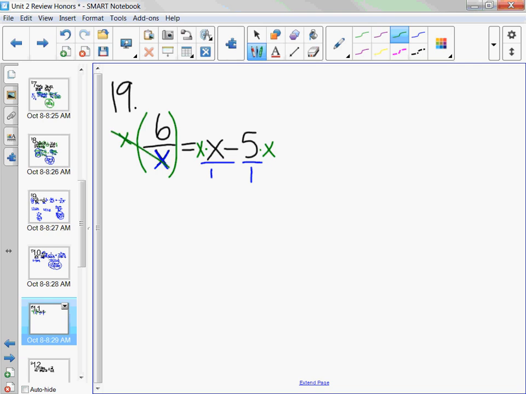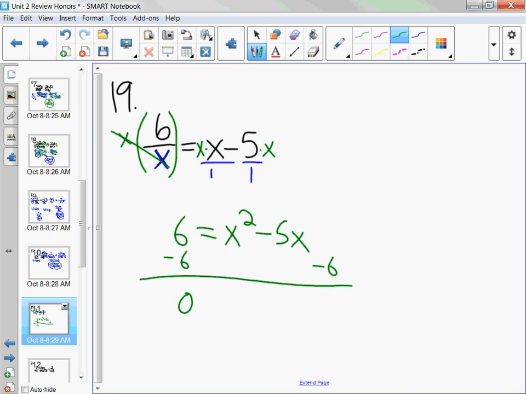Over here, my denominators disappear because I can cancel out the x's, and I get 6. And then over here, I get x times x, which is x squared, and negative 5 times x is negative 5x. This is a quadratic equation. I subtract 6 from both sides. That's going to give me 0 equals x squared minus 5x minus 6.